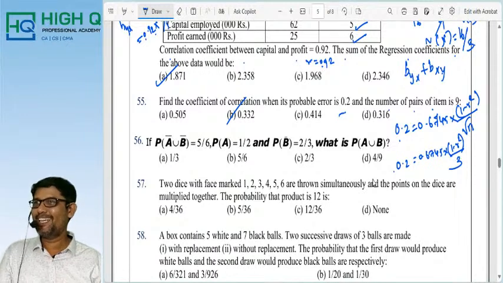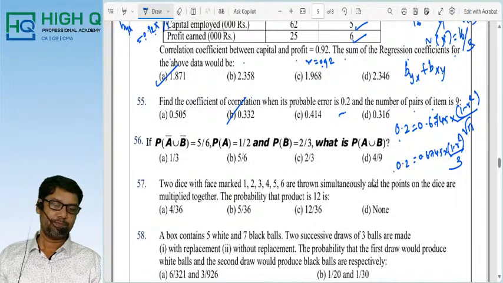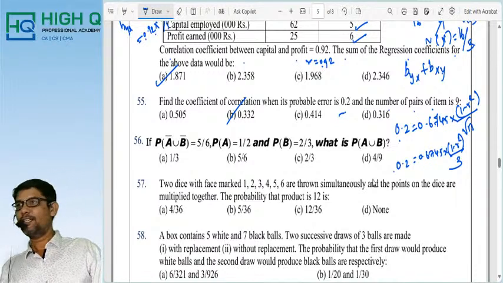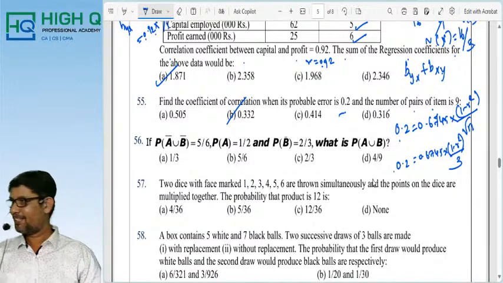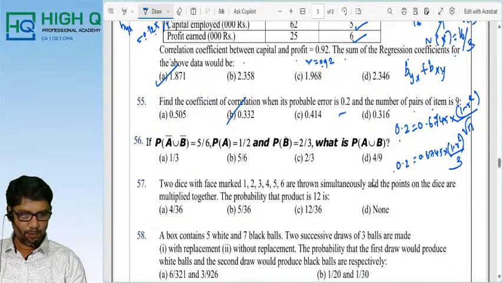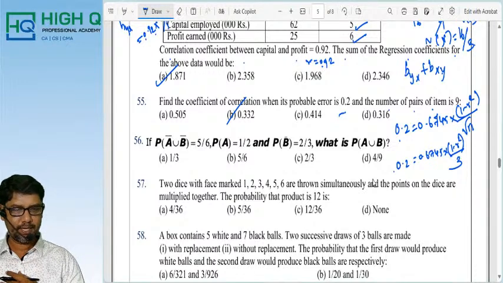Now you are getting the answer, not in the exam. Very good. 1 minus R square, you missed it. Okay, great. Now 0.505. No, I am getting option B. Devapriya and myself, we are right.